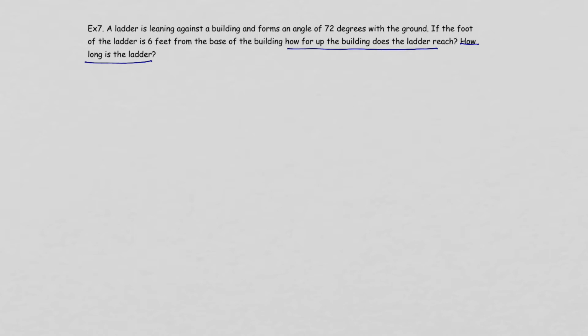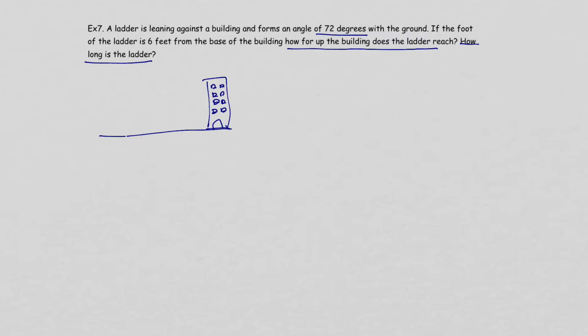The information given is that the ladder is leaning against the building and forms an angle of 72 degrees. So let's say we have a building, and I'm going to put a window so that you can see this is the building.